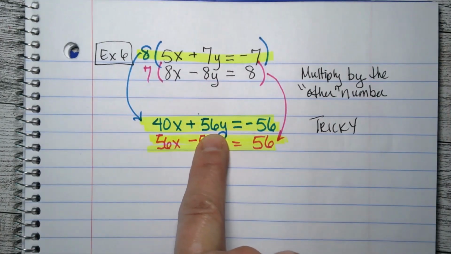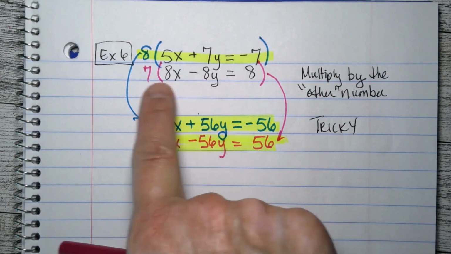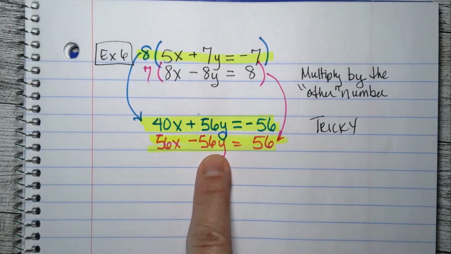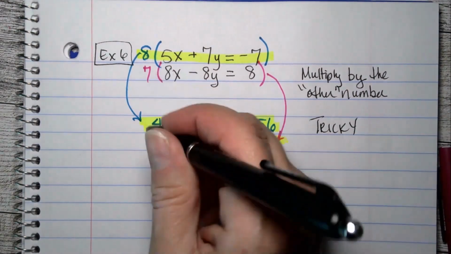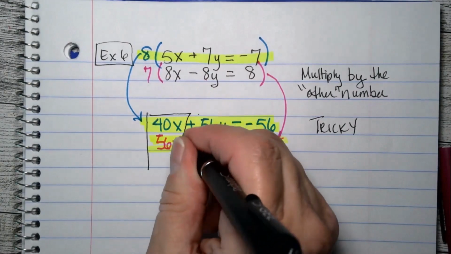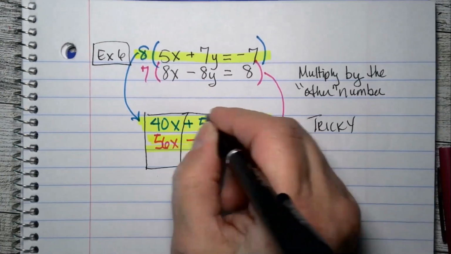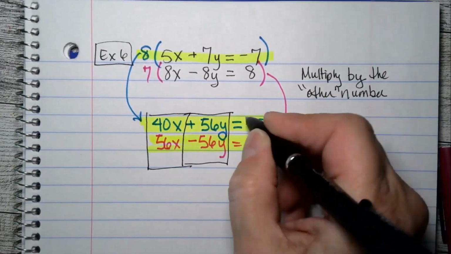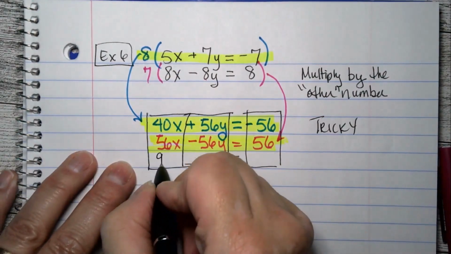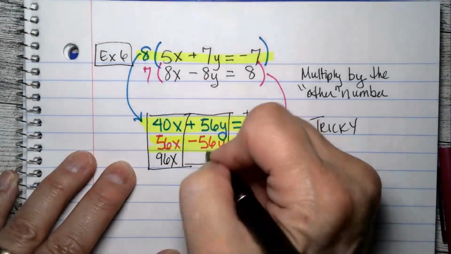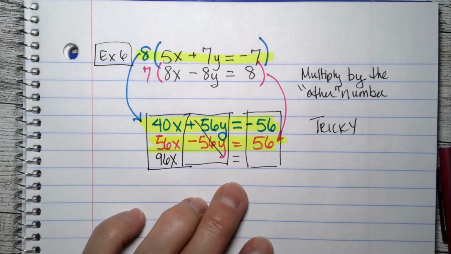When I multiply the negative 8 times 7, I get the negative 56. And then when I box these up, those y's are going to cancel because of the numbers I picked. Okay, adding these together, I get 96x. These guys cancel, and I get a 0.